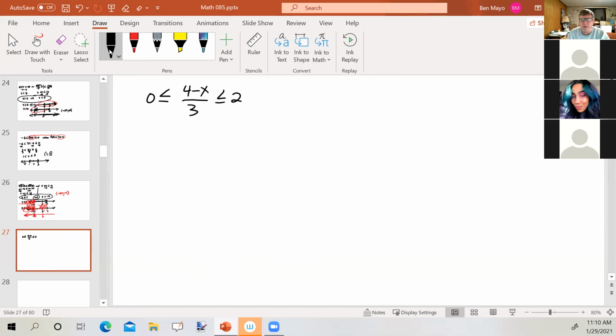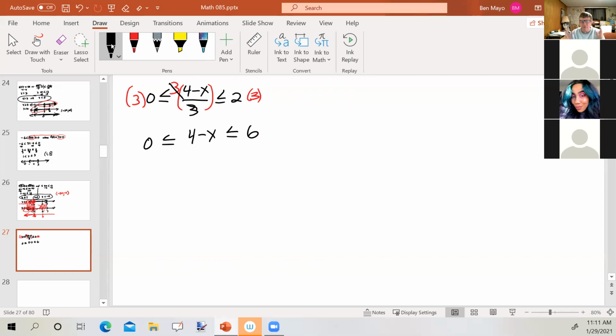So we want to solve for x in the middle. Whatever we do to the middle, we have to do to both ends. I'm going to clear the 3 as a fraction, so I'm going to multiply each piece by 3. 3 times 0 is 0. 3 times 4 minus x over 3 is 4 minus x, and 2 times 3 is 6.